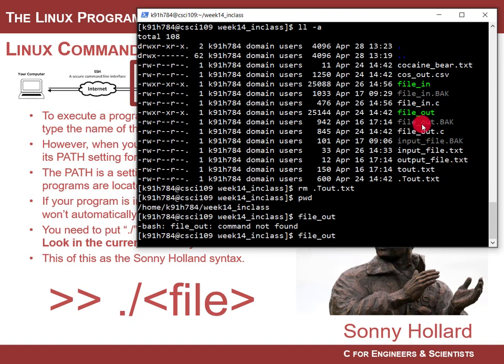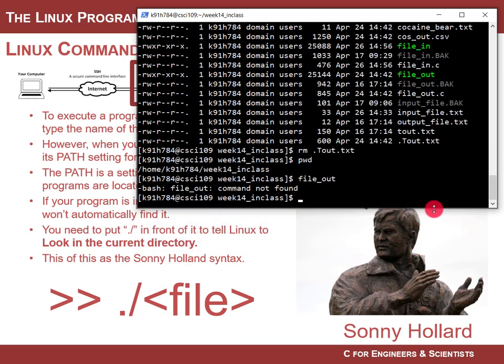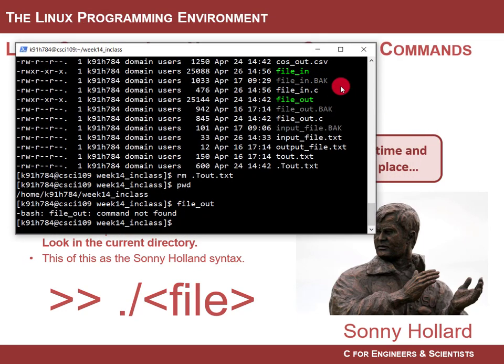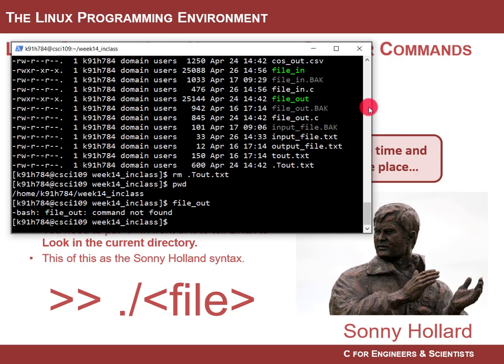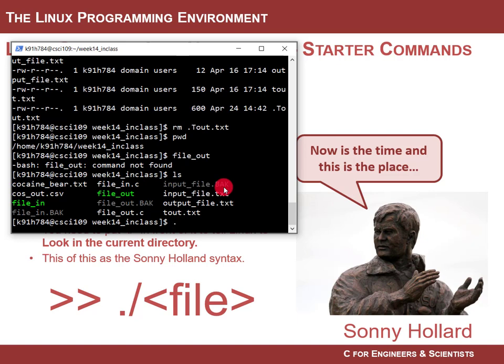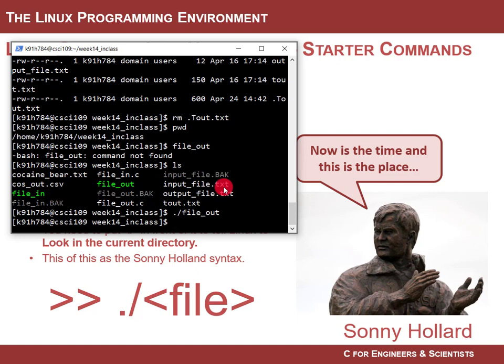It's in our current folder that we just created. So we have to tell Linux, instead of looking for this command in the path, I want you to look in this directory specifically. And the way you do that is by typing the dot. Okay. So I'm going to go ls, look at this, and go dot slash file out and see what happens.